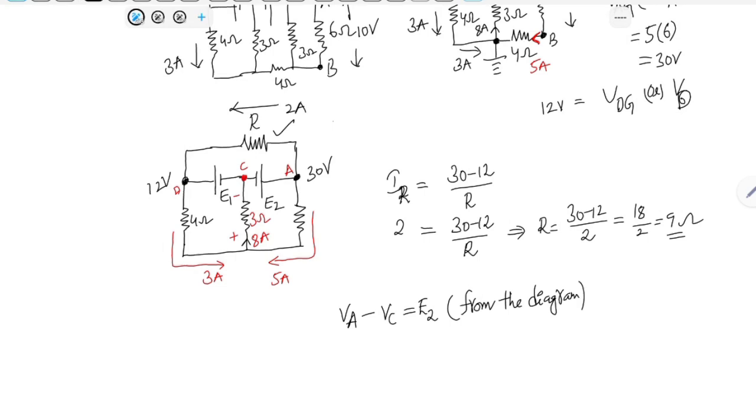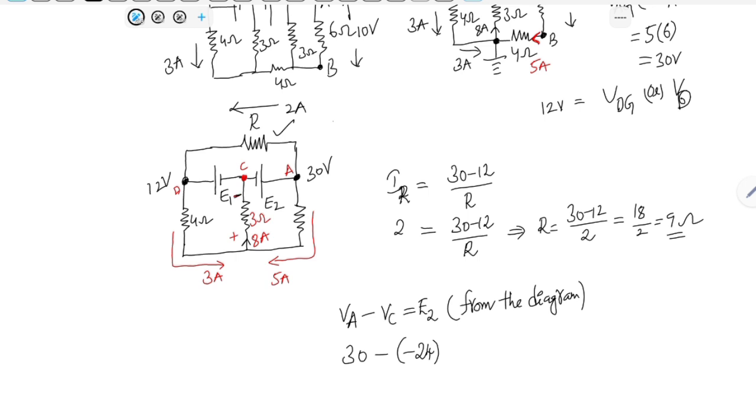Now, what is VA? We already know that it is 30. Actually, VC is a negative voltage because the current is flowing in the opposite direction, vertically upwards. So 8 into 3 is 24 volts. So VC is minus 24 volts. Okay. So why did we take negative?